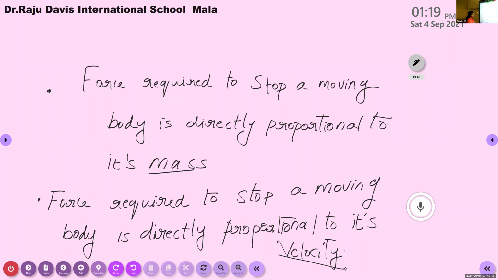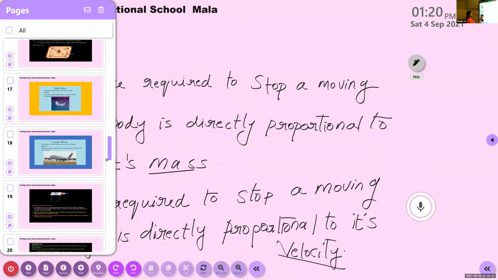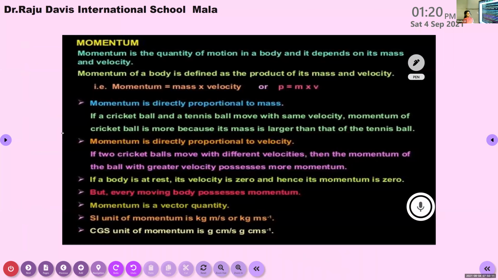So here we are going to see the definition for momentum. Momentum is the product of mass into velocity. Momentum is the quantity of motion in a body and it depends on its mass and velocity. All of you write the definition for momentum.